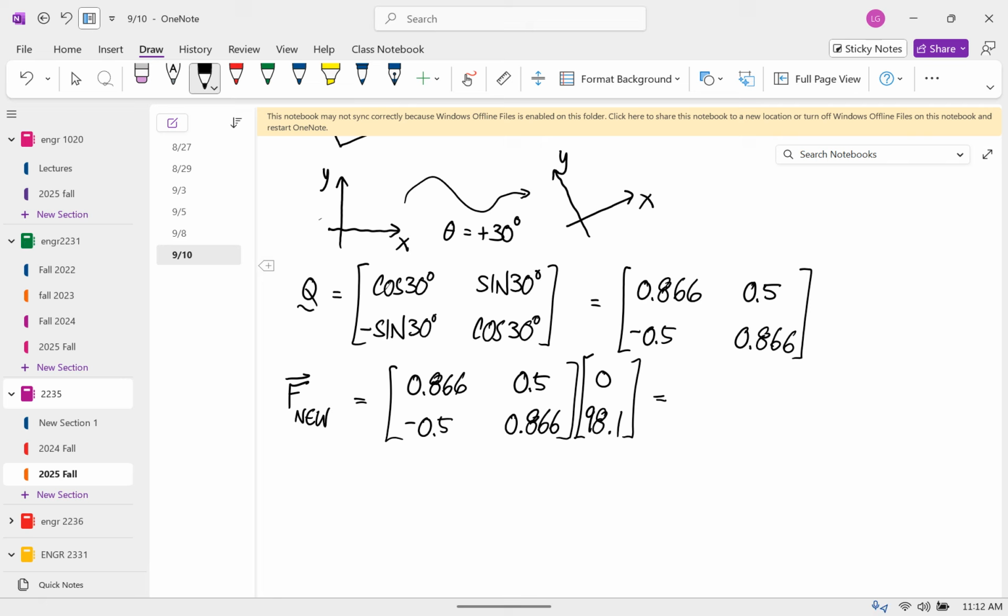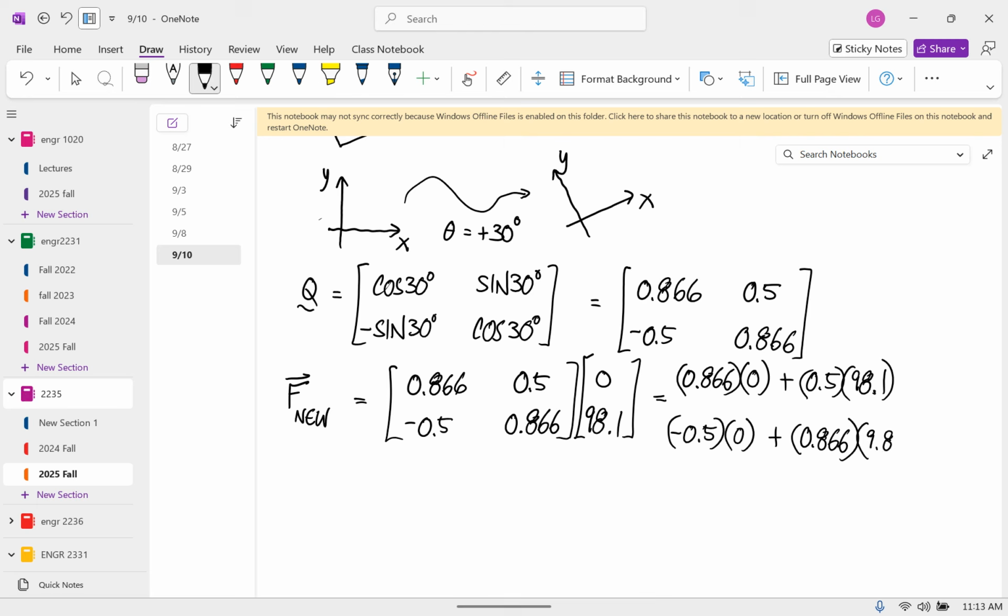And so the way this works is 0.866 times 0 plus 0.5 times 98.1. And then for the y component, negative 0.5 times 0 plus 0.866 times 98.1.